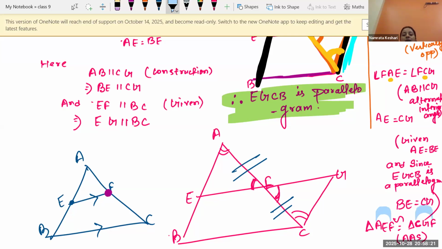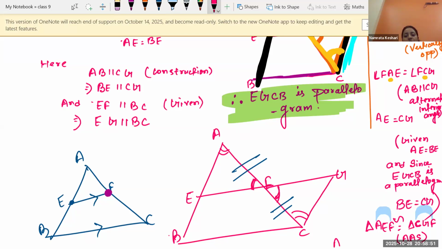Can you see that the length of the side AF and the length of the side CF are equal by CPCT, and it is coming from the name of the triangle. Forcefully we are not saying. Is it making sense? Yes, ma'am. Okay, so we can say now AF is equal to CF by CPCT, and we are done with the proof of the converse of the midpoint theorem.